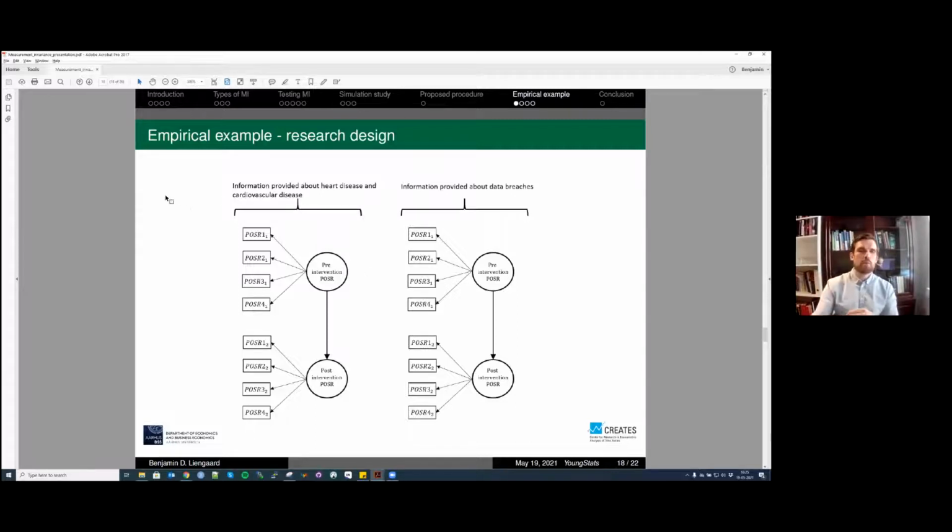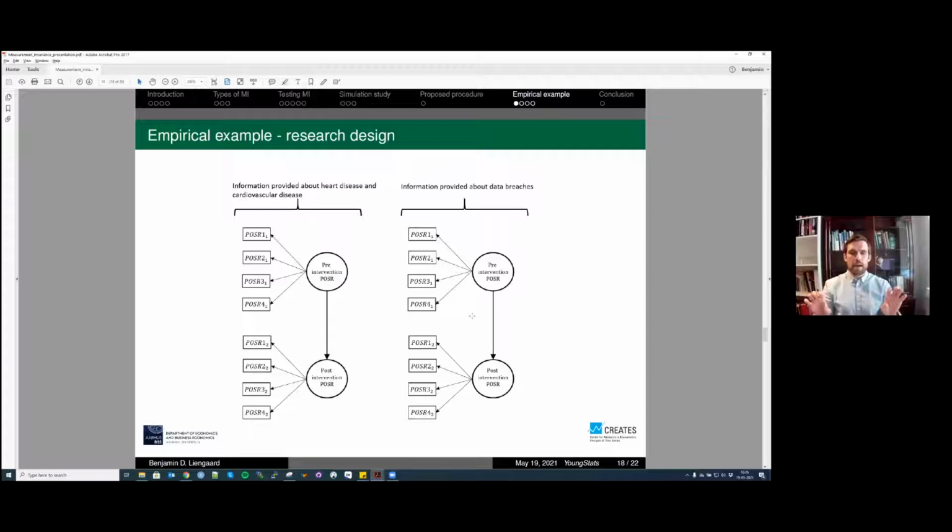The other group was given similar negative information, but just about heart disease and cardiovascular disease. So again, what is the probability of, for example, having heart disease, and what is the societal cost of these diseases?